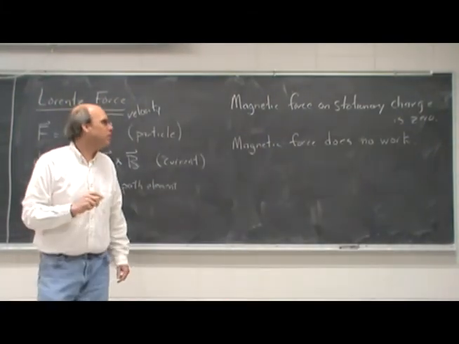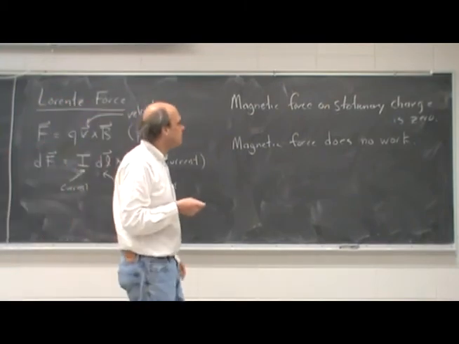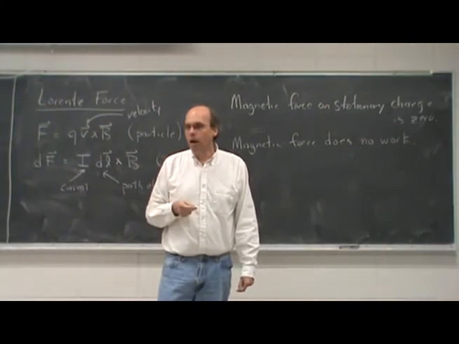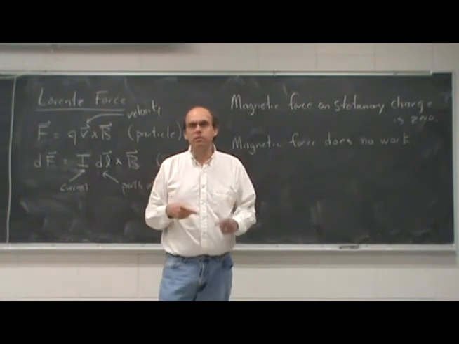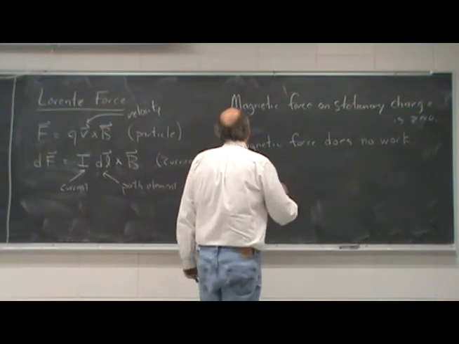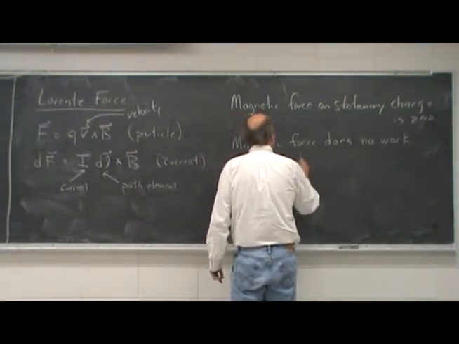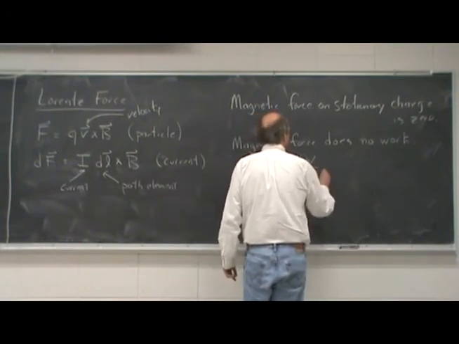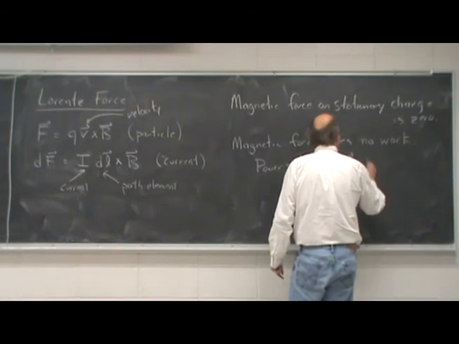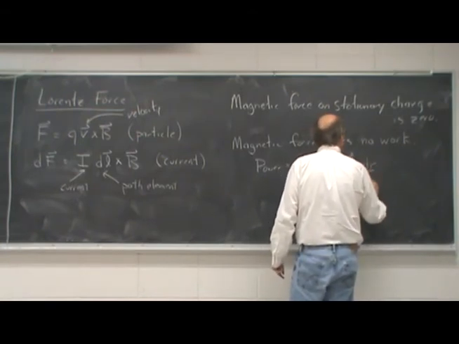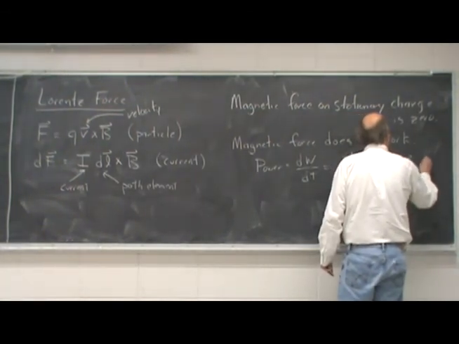Which was nice. It means we have no magnetic equipotential, because the way we got from field to potential energy was through the work. And if you look at this, the power, the work per time, is the force: F dot dr is the work, so the power is the force dotted with the velocity.